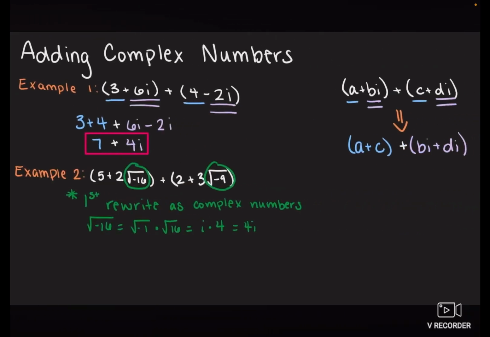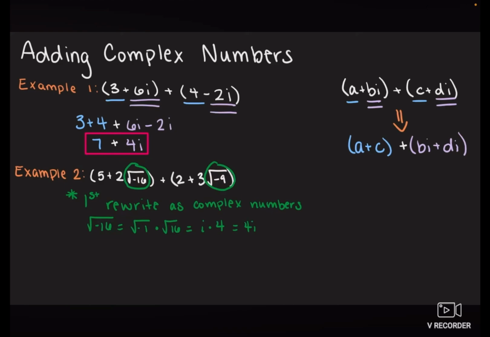So when we group 3 and 4 together, 3 plus 4 is equal to 7, and then we group 6i and minus 2i together, which is 6i minus 2i, which is equal to 4i. Hence the answer is 7 plus 4i.